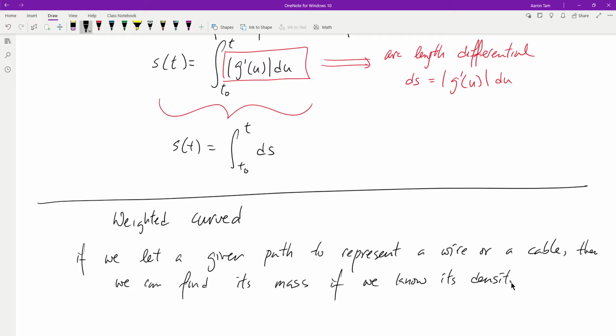And what is interesting here is that the density will have to be some kind of mass per length. Okay, different than mass per volume, because here we're assuming, and these are assumptions that you want to write down, that this path will represent a wire or cable with uniform cross-section area. So basically it would be just like a long bended cylinder where it has a uniform circular cross-section.